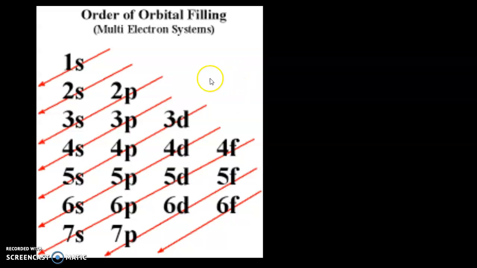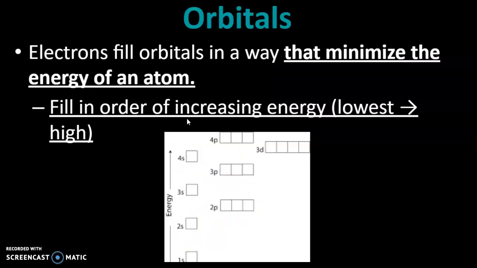The first one has to start with 1s, then you start with 2s, then 2p, then you go on to 3s, 3p, 4s, and I want you to note here that 4s is going to come before 3d just in terms of their energy levels.